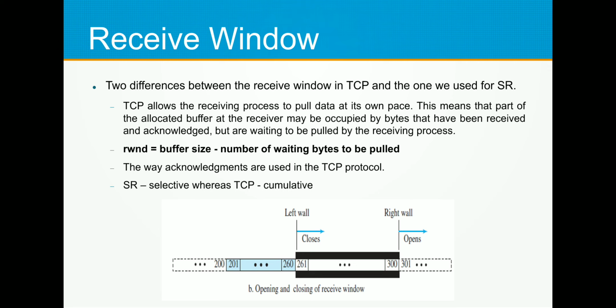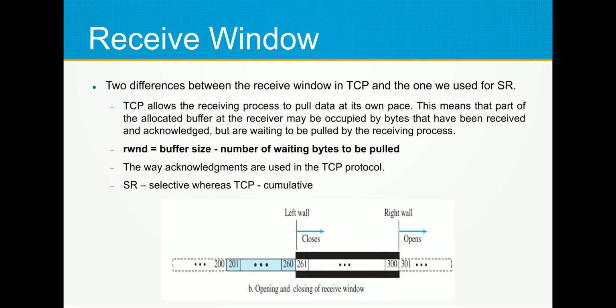If the application is slow to read the data, then the contents will be stored in the receive window, which also means that some part of the allocated buffer at the receiver will have certain bytes that have been received and acknowledged. You have already said that you have received this data, but still it cannot be removed from the buffer because it is still waiting to be consumed by the receiving process.